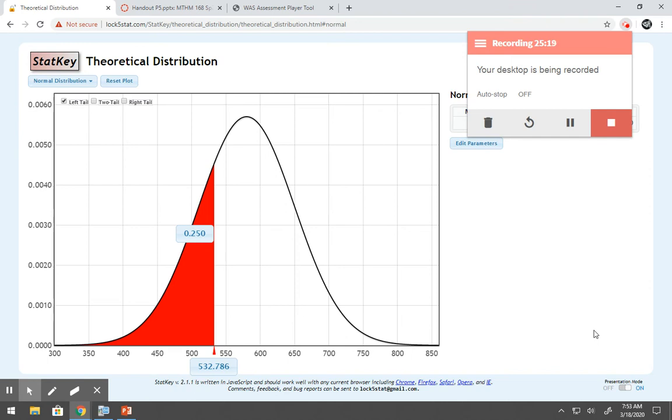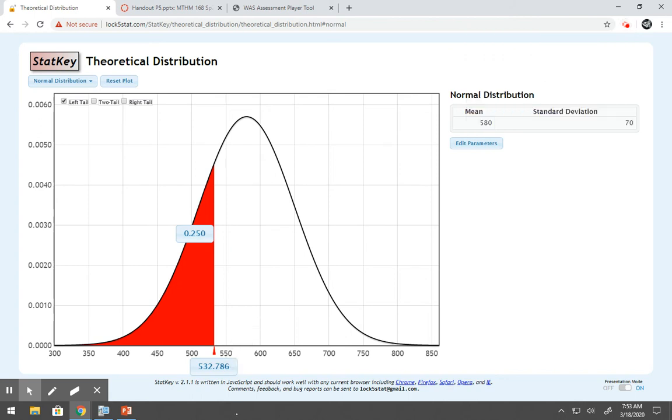All right, so what did I do here? I loaded the value of the score and found the endpoint value. Now that I know that endpoint value, I can do a little calculating to find a z-score.